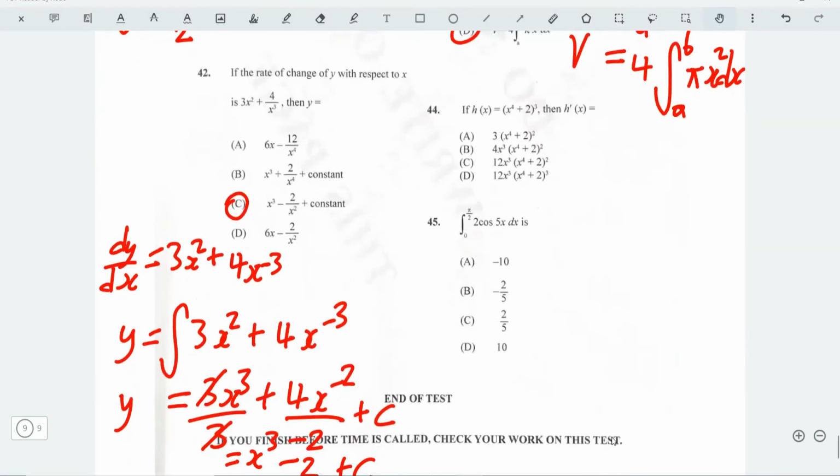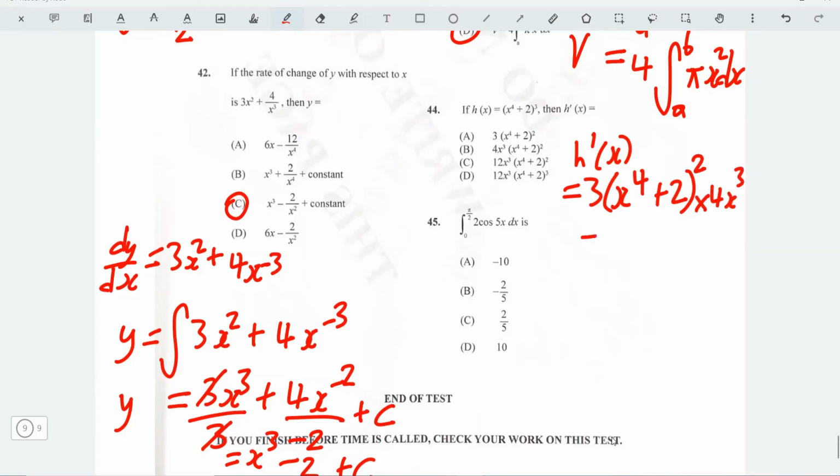All right, h of x is this right here. I'll need to differentiate it. So h prime of x is carry down the power 3. Then we subtract 1 from the power. So that's x to the 4 plus 2, squared, multiplied by the derivative inside the bracket, which is 4x cubed. So 4 times 3 is 12.